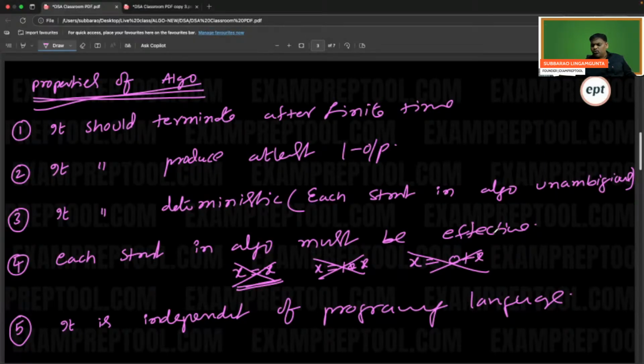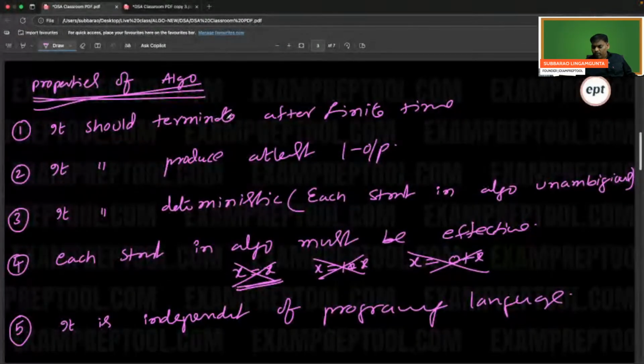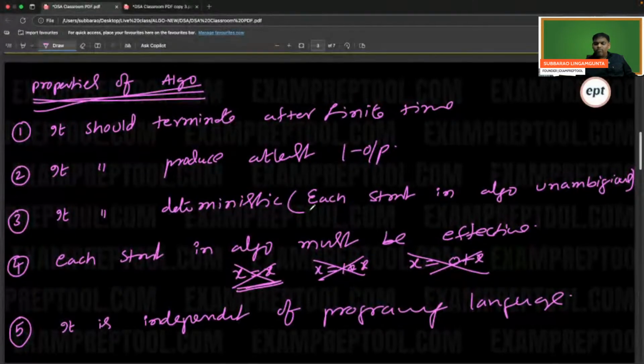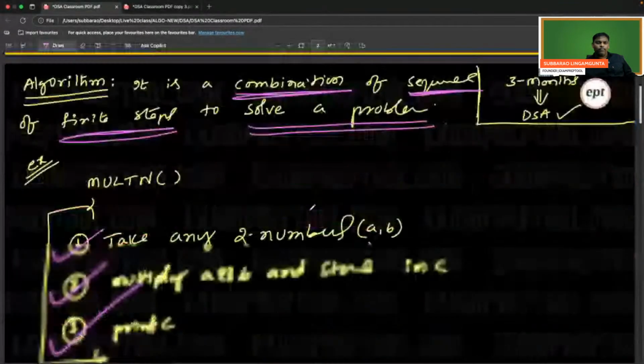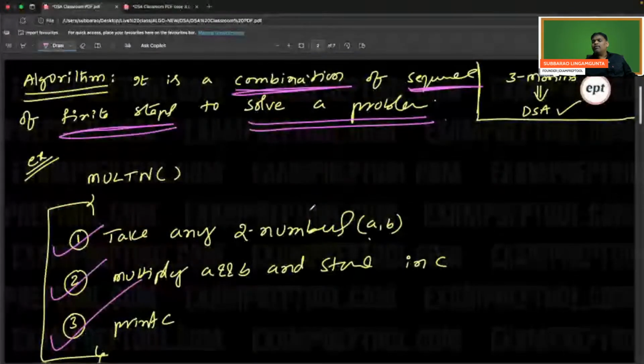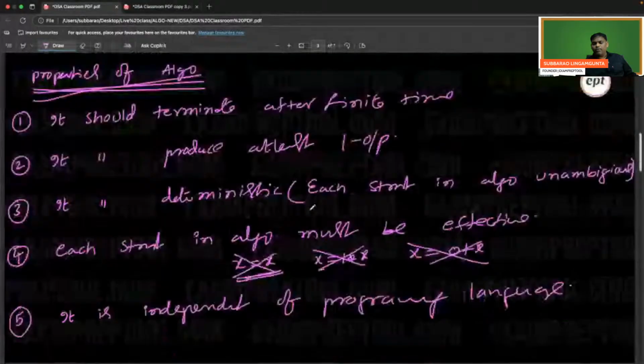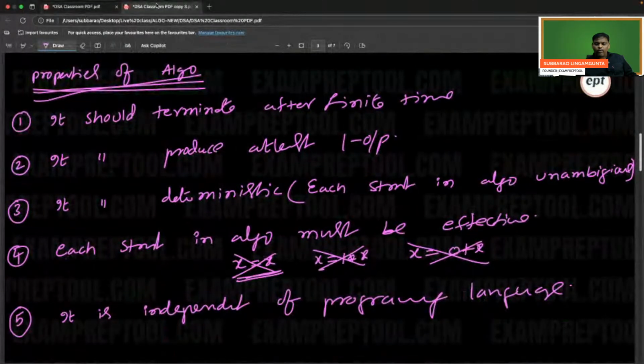When you follow a systematic procedure, automatically the definition and properties will hold good. Please be careful. I hope everyone got it.